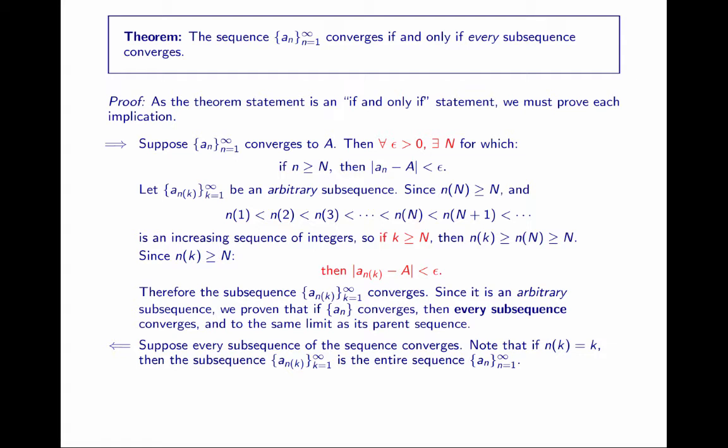So if n of k is equal to k, then the subsequence a n of k is just the entire sequence, a n. And since every subsequence converges, and the original sequence is itself a subsequence, then the sequence itself converges. So that one was a little bit more straightforward.